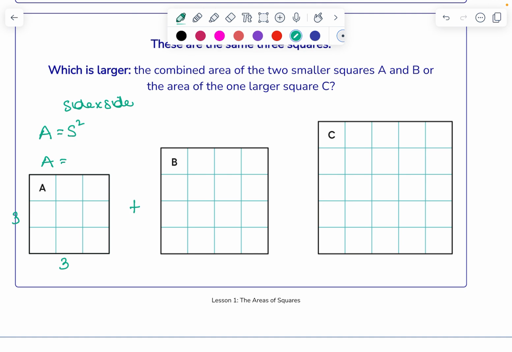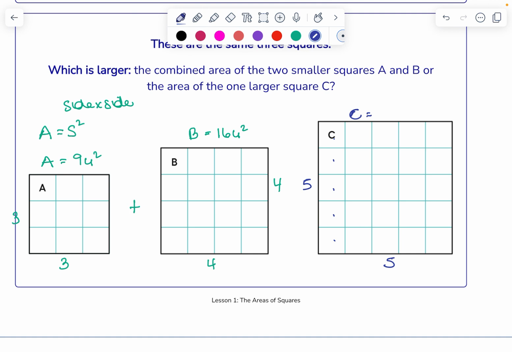So the area for A is 9 units squared. For B, we have 4 by 4. So B is 16 units squared. And C is our 5 by 5.